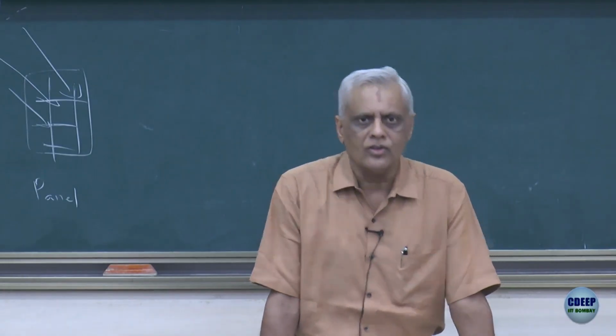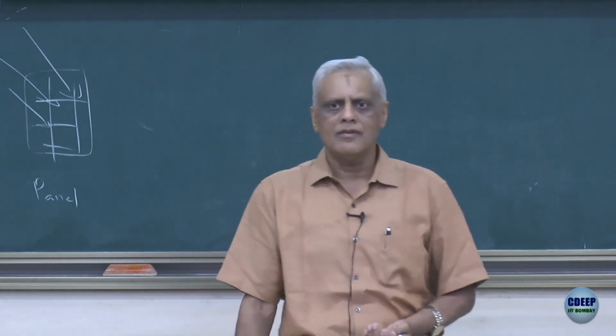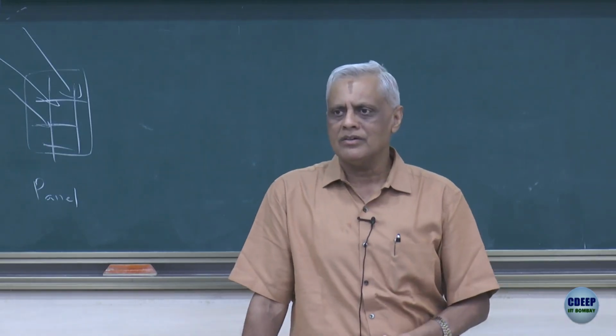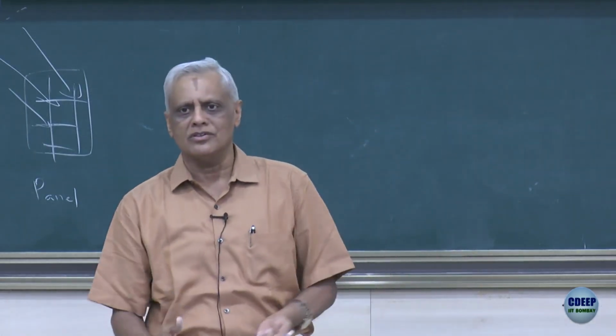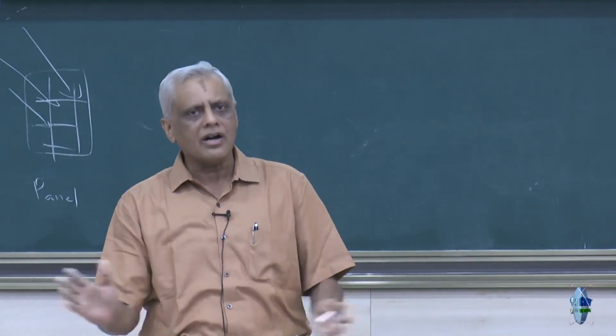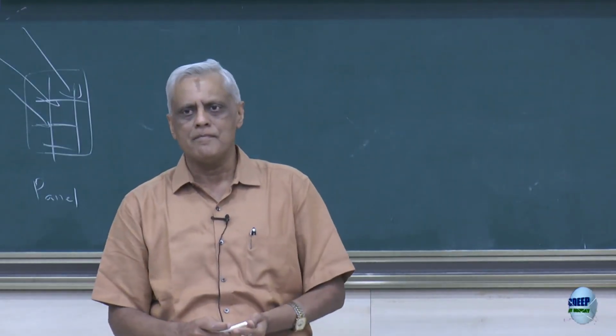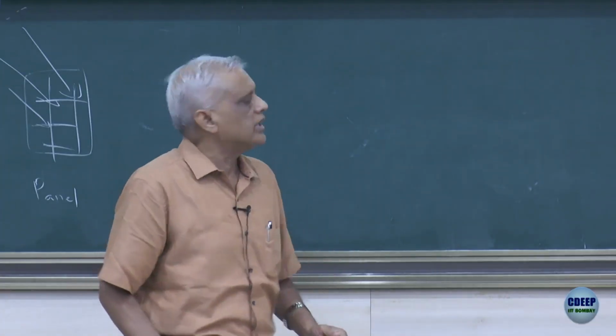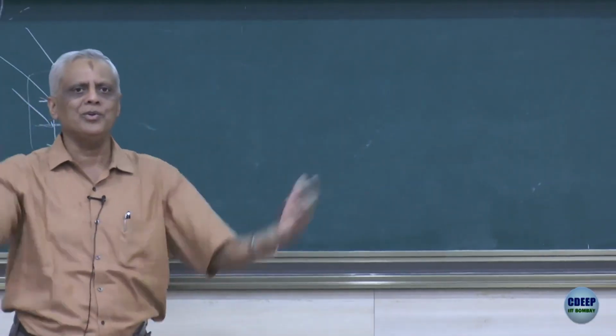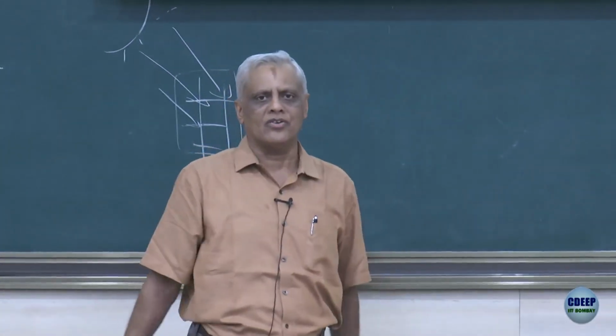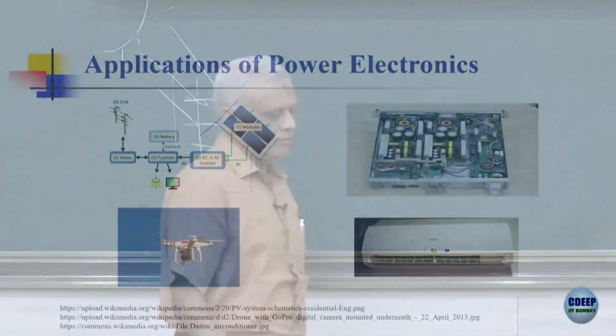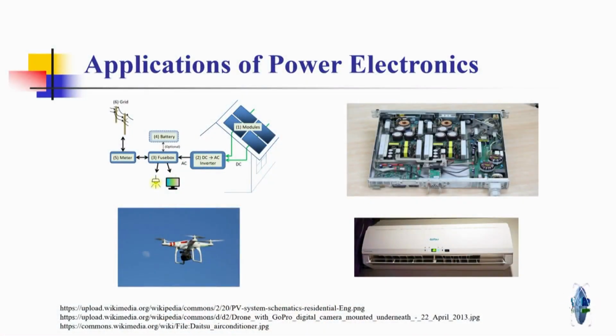Yes. Okay, so how does that compressor work? You need a motor, isn't it? So that motor, you control that motor. You need power electronics. And there are half a dozen other things inside that I don't want to go into details, but what I am saying is whatever you touch, whatever you see has power electronics inside. That was my idea of telling you with this particular slide.